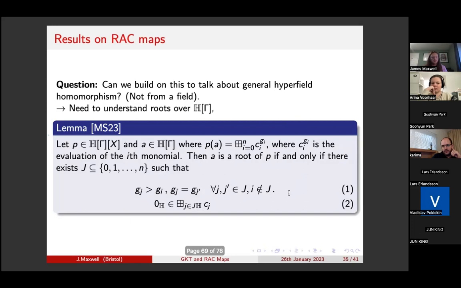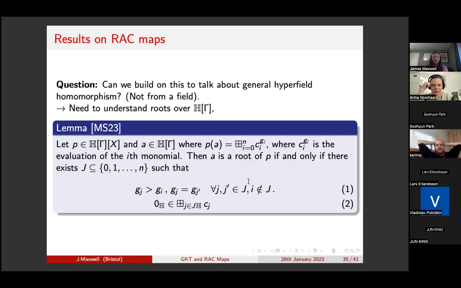And it's very similar to when things are roots over the tropical hyperfield. It's about where there's some set J from 0 to n, such that the g_j's are greater than every other g_i, and 0 is in the sum of these coefficients here. So the elements are these c_i g_i, and this was just the characterization we have.